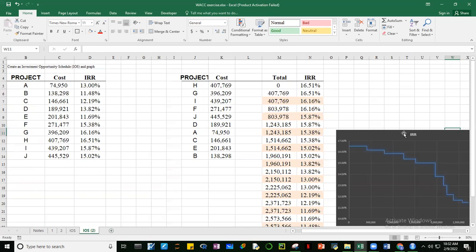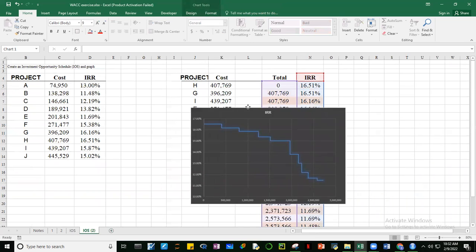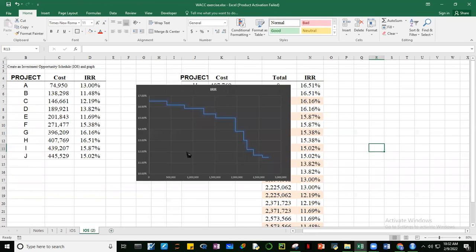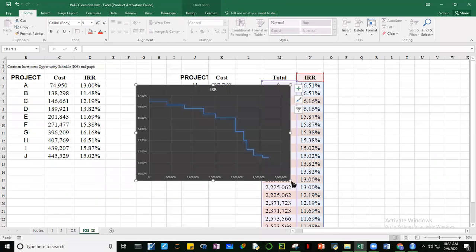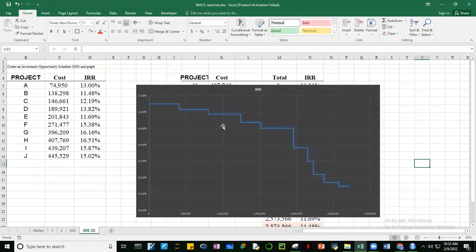Ayan, yan. Okay? Begin with the end in mind. Ito, guys, yung generate natin. Ito yung tinatawag na investment opportunity schedule. Okay, binigay ko na yung answer just in case, but we're going to do this.